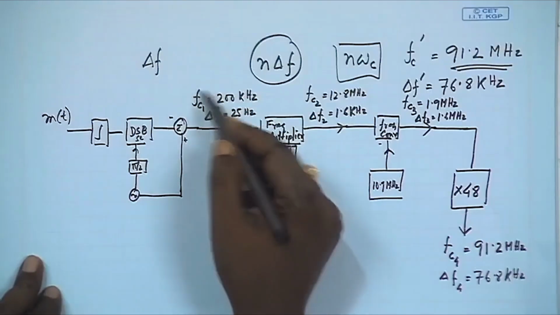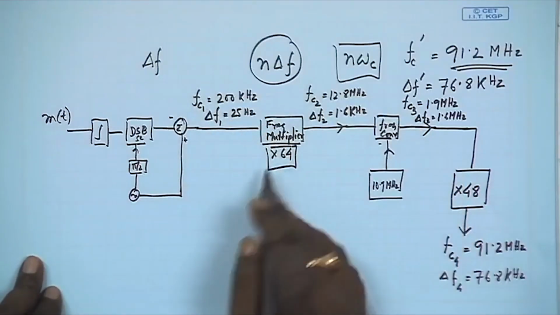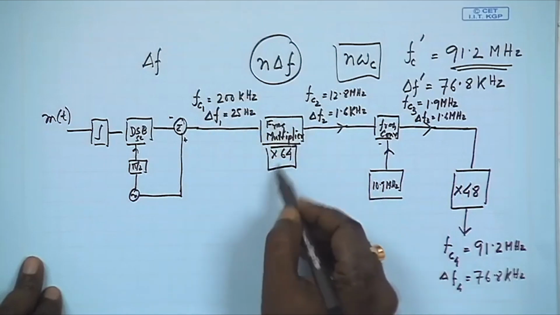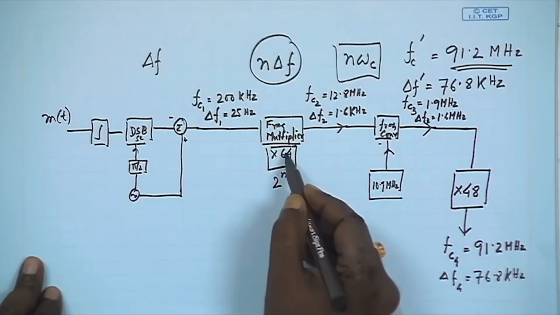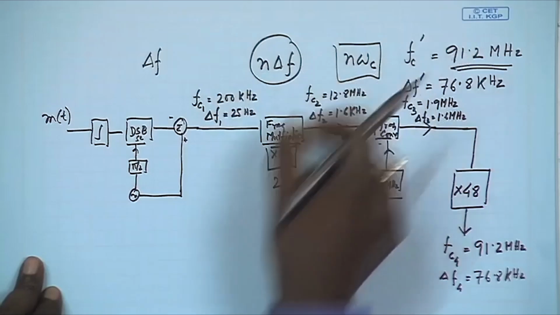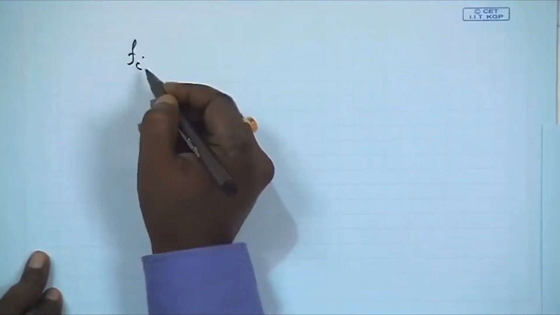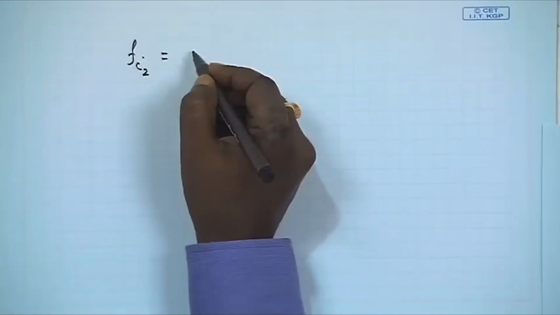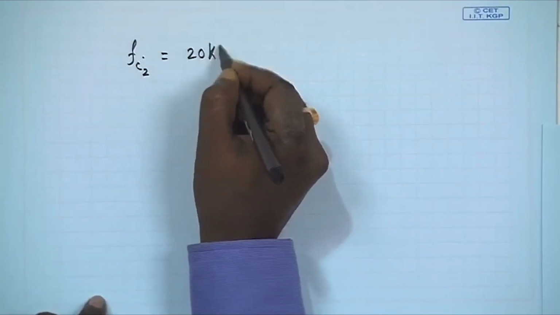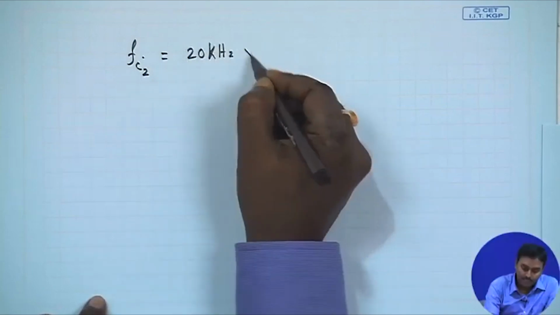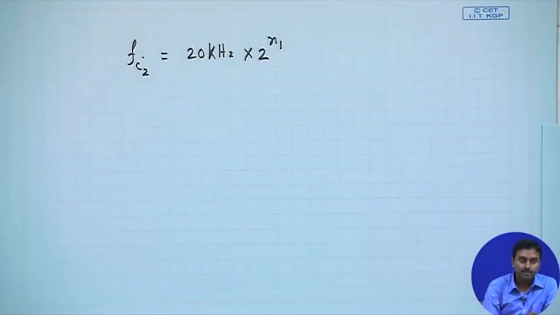So, with the convention I have taken in the previous example, this becomes Fc1, then what should be my Fc2? That is this 2 to the power n1, which is this 64, multiplied by this one. So, if I say Fc2, that must be Fc1, which was 20 kilohertz according to our example, multiplied by 2 to the power n1.